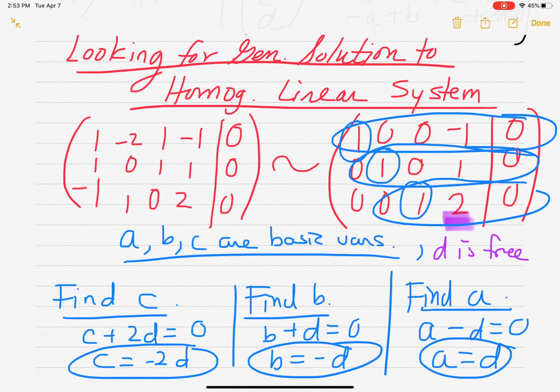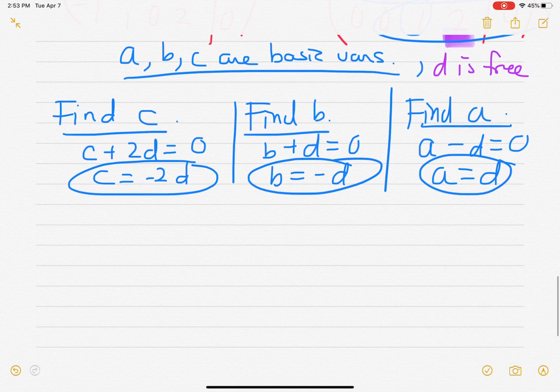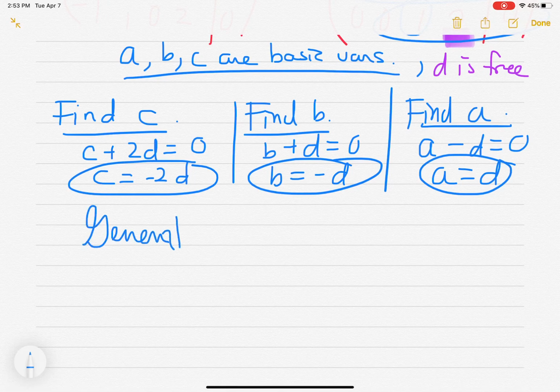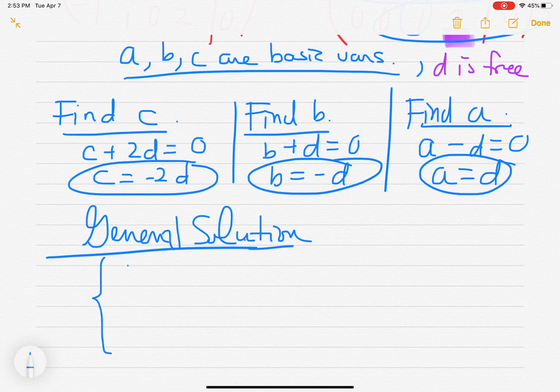So when we write our general solution, D is going to be free. So what do we got? A equals D, B equals minus D, C equals minus 2D, and D itself is free, so D just stays as itself.